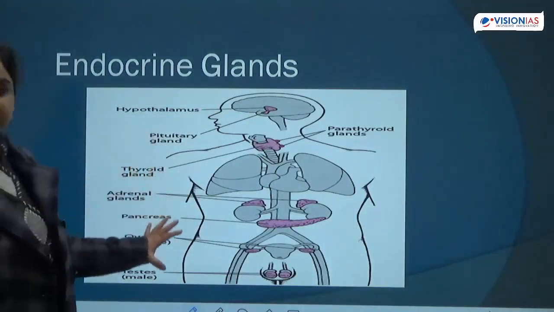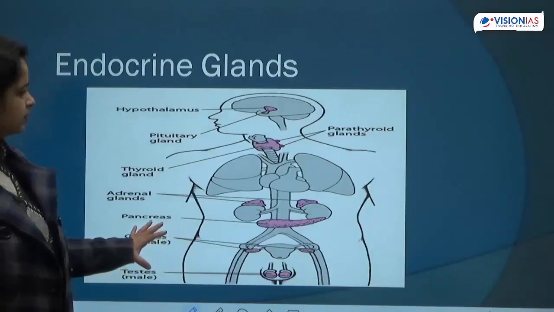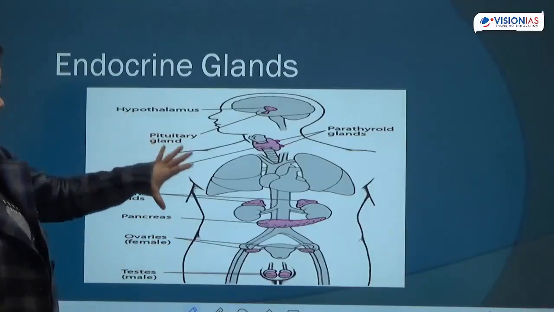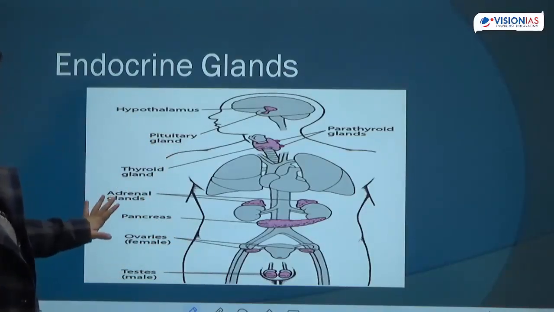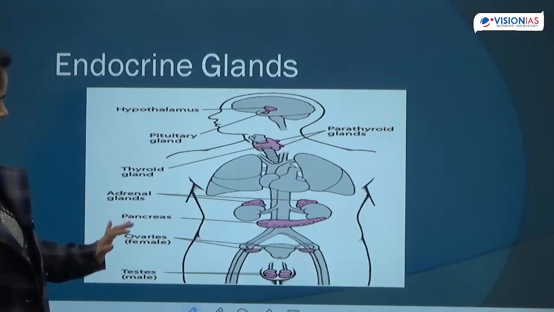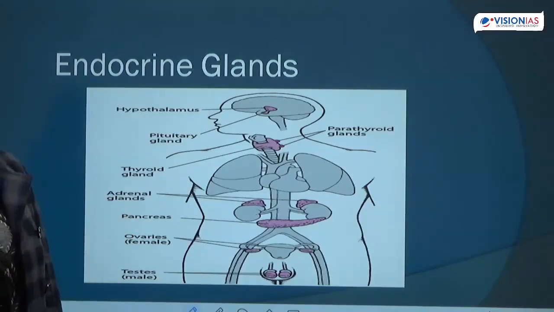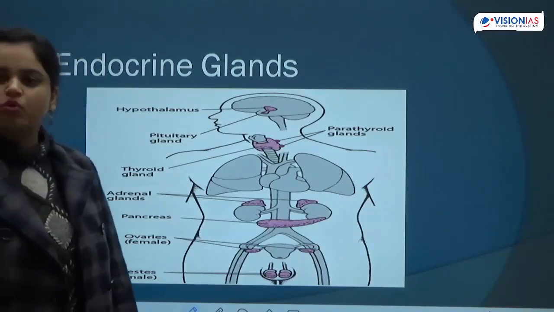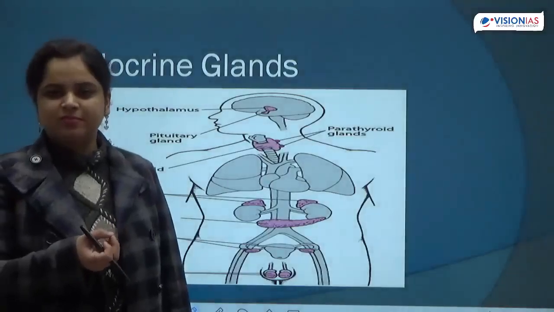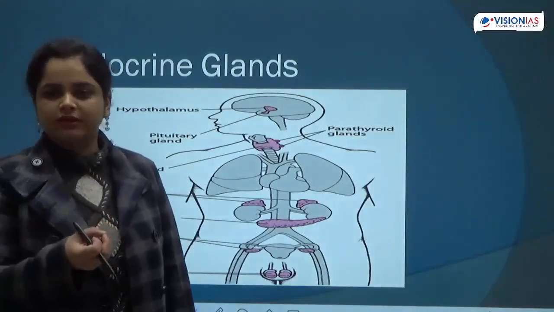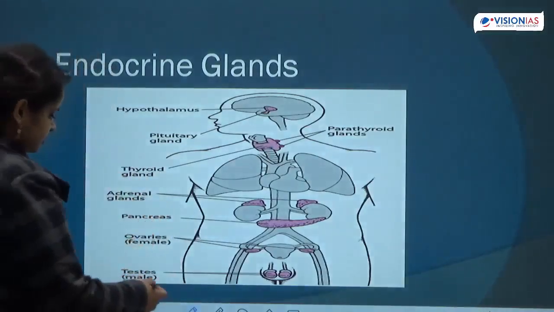These are the endocrine glands of the body. We have hypothalamus, pituitary, parathyroid, thyroid, adrenal gland, pancreas, ovaries and testes. Of course, ovaries and testes both cannot be present in one person. It was going to be either or, either ovaries or testes.